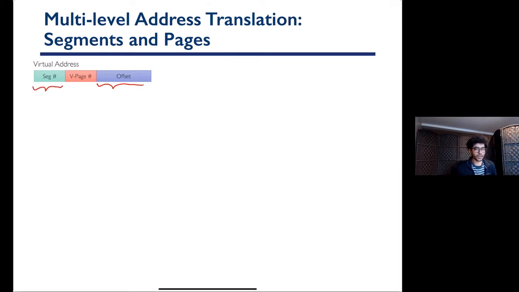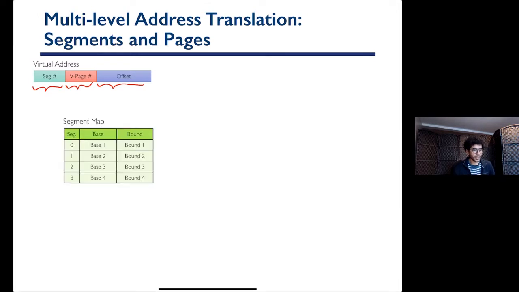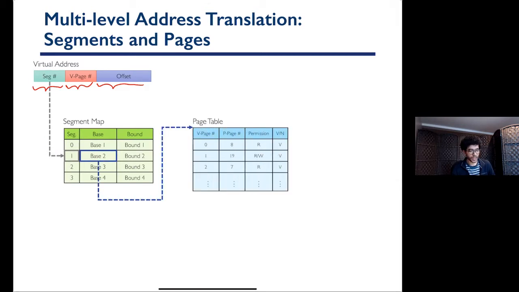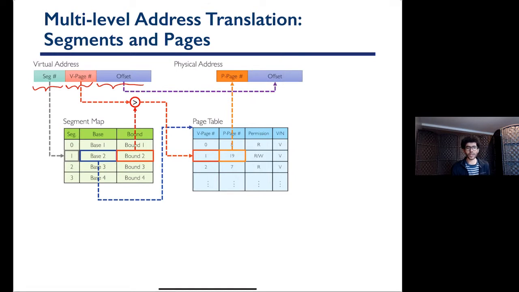Then if I have, let's say, 4 segments, then I need to put aside 2 bits for segment number. Different numbers of segments require different numbers of bits. The rest is going to be my virtual page number. Initially, I use my segment number to index into the segment map, and the segment map gives me a pointer to the page table. Then I use my virtual page number to index into my page table. Once I do the translation, I just append my offset.